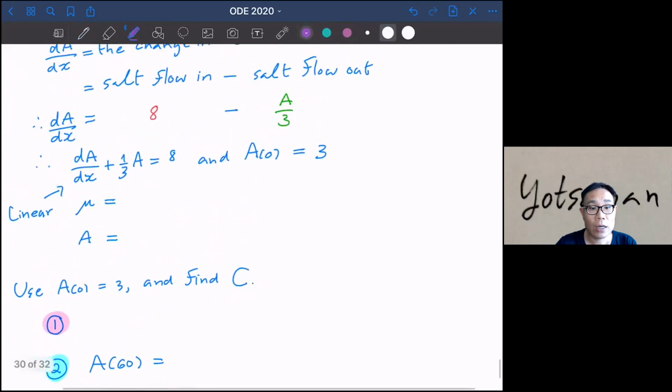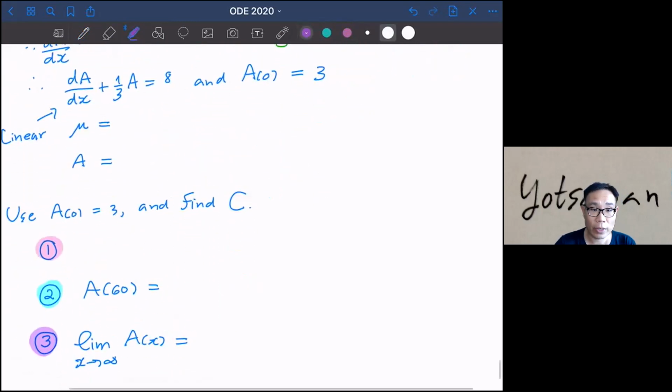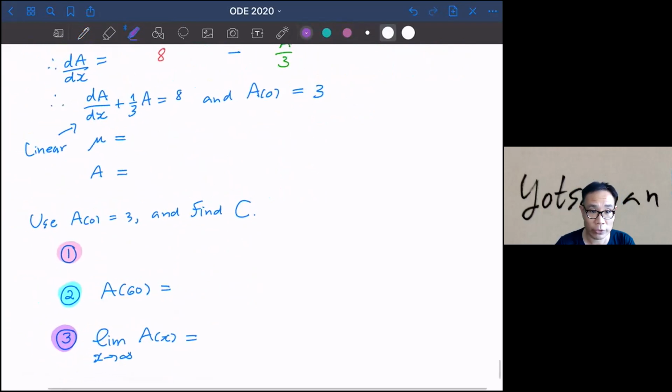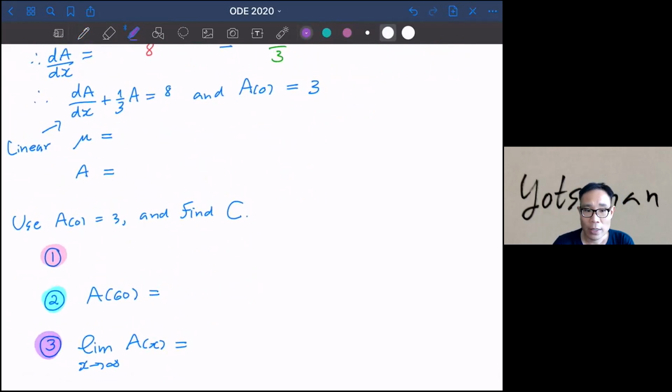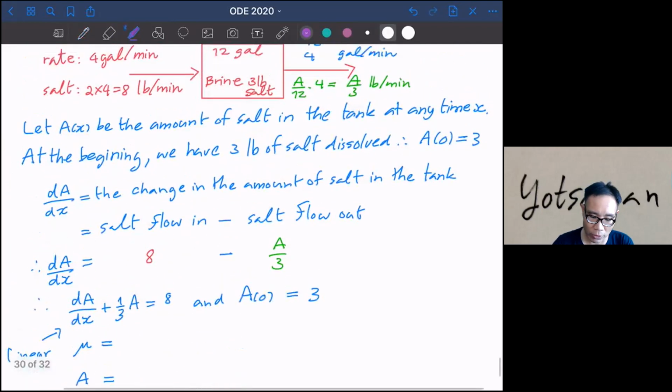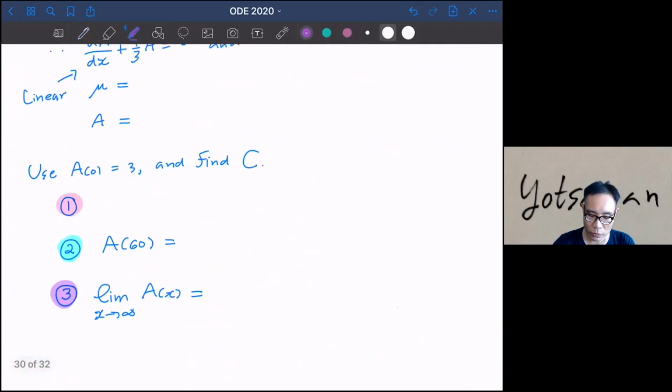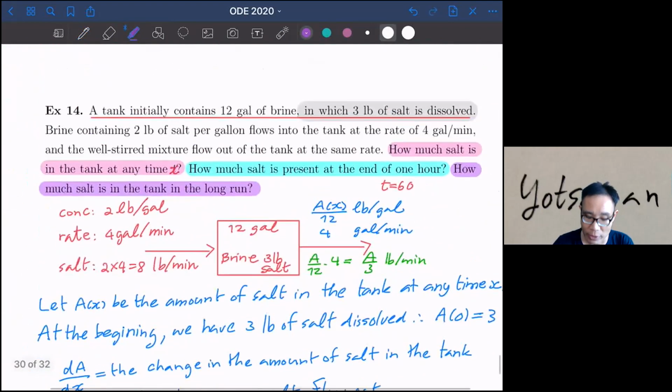Okay, I will leave you with this guideline and ask you to finish this one first, and we gonna discuss this one again during the recitation. So this one is going to be just follow the previous example, and you'll be able to compute them, and you're going to be able to answer question 1, question 2, and question 3 respectively.